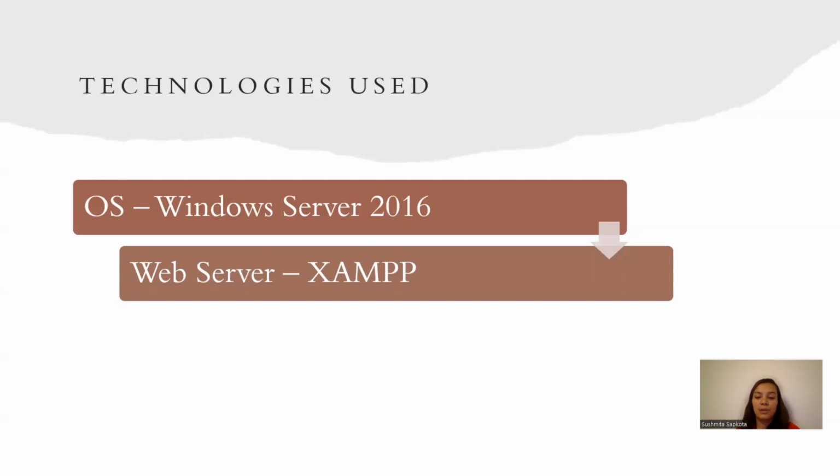It bundles Apache, MySQL, PHP, and Perl into an easy-to-install package, which makes it suitable for quickly setting up a testing environment for web applications like WordPress, which is another technology that we will be using as our CMS. Its user-friendly interface makes it accessible to both beginners as well as experienced developers. So we have decided to use XAMPP as our web server.